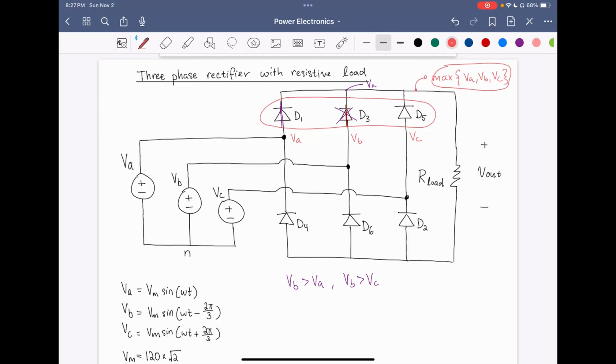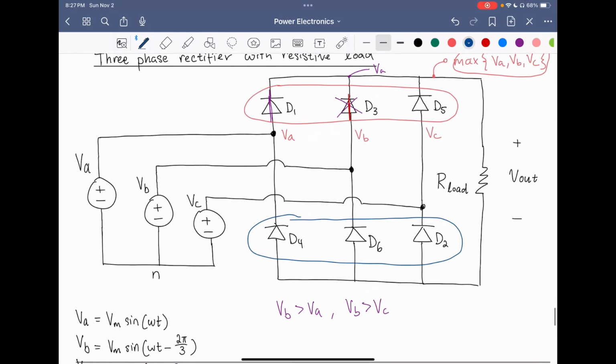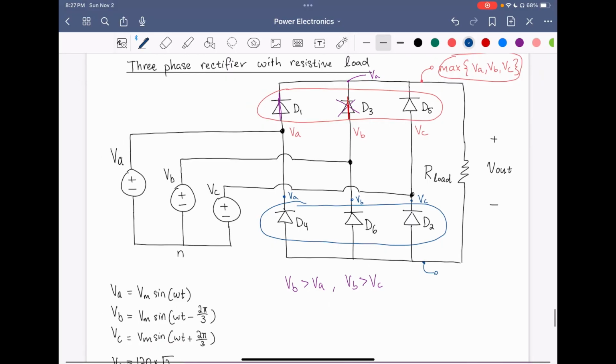So now, if we look at these bottom 3 diodes here, D4, D6, and D2, they're going to play a similar game. So we're going to have this node is VA, this node is VB, and this node is VC. Because it's connected in reverse, we will have this as the maximum of negative VA, VB, and VC.